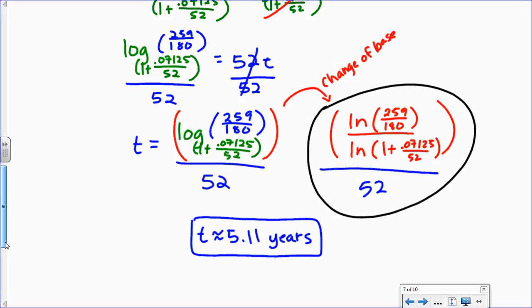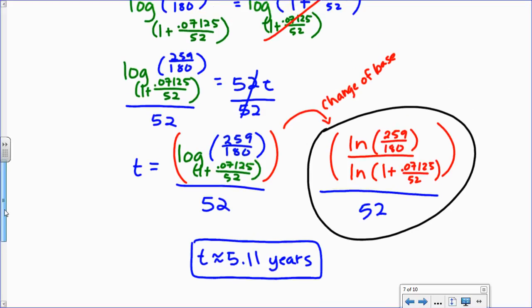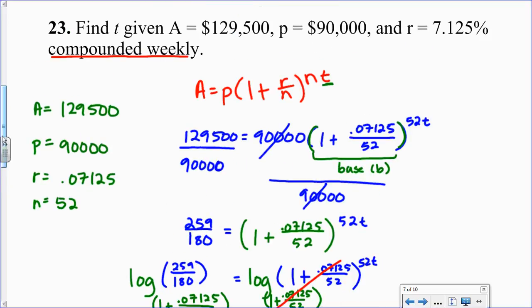If you have the log base b button and you write this part out and you know how to use your log base b, you can do that. You don't have to do change of base. Also, if you learned and still remember in pre-calc, from here you could do natural log of both sides and bring your exponent down.